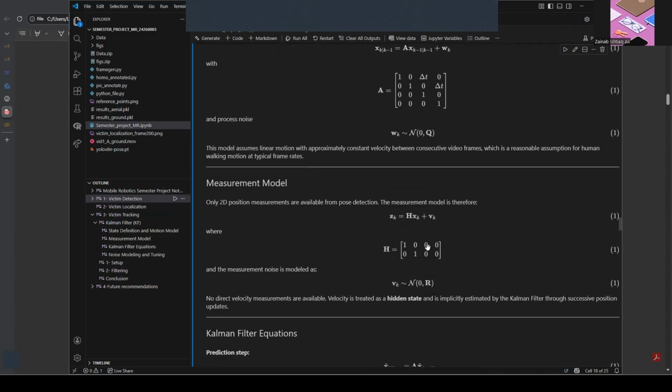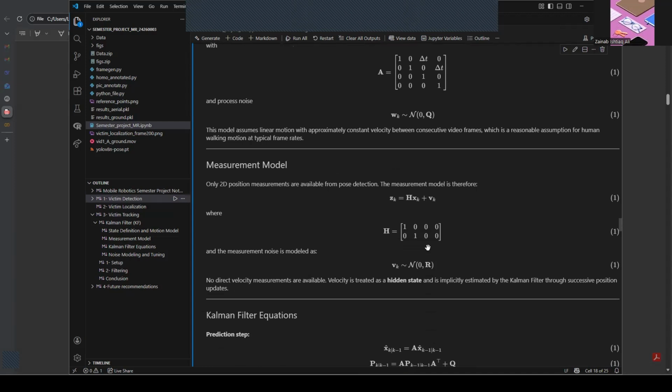Moving on, I have my measurement model, which is the frames that I am getting from my aerial and ground views. So I have my observation matrix H over here, which is actually O in the paper. And what it tells me is which sensor values are actually being used.